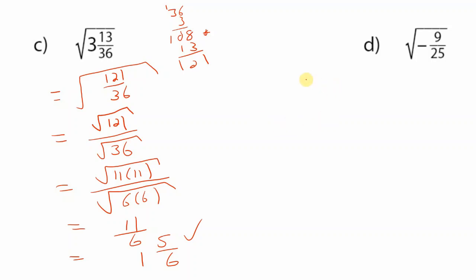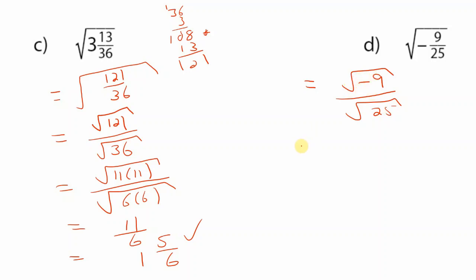Okay, so we can, again, this minus, it can be at the top or at the bottom. So I'm going to use it at the top so we can separate. So I have negative 9 at the top and I have the square root of 25 at the bottom.